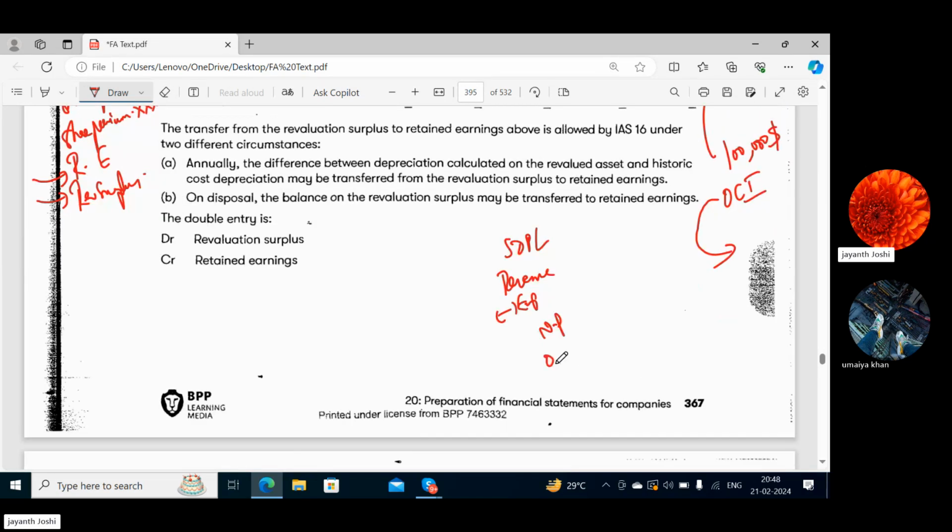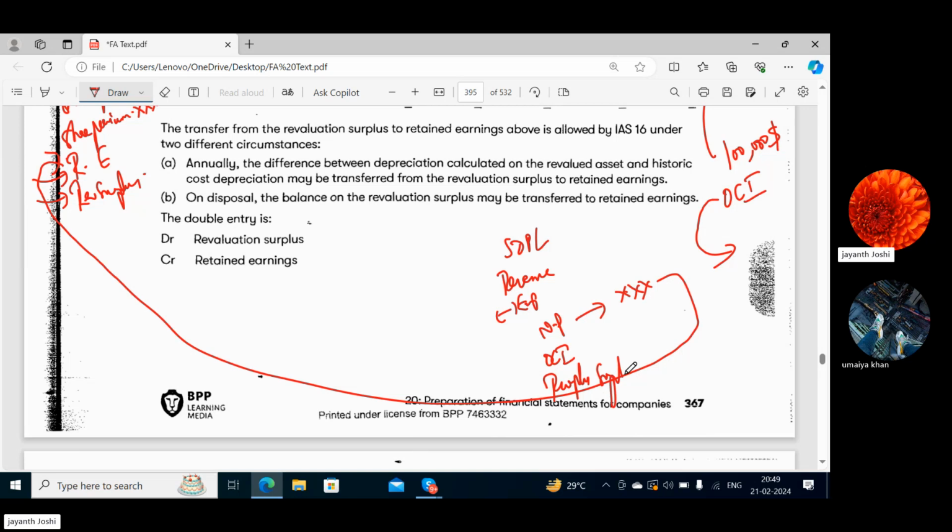After that you make the OCI. So net profit is, let's say, X amount. This will be transferred to retained earnings in the balance sheet. And whatever you are showing as revaluation surplus under OCI, you will be showing in equity under the revaluation surplus account.